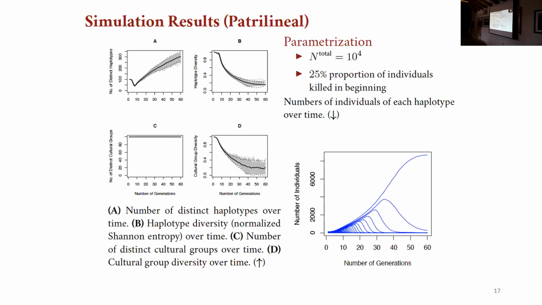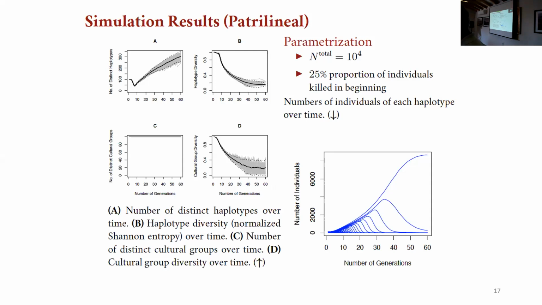These are the results of that simulation. We do 100 replicates of every simulation. And what we find is that if you count the number of individuals here, and it goes from 0 up to 10,000 here, and these are the amounts of diversity in the Y chromosomes that you can see, in the haplotypes.